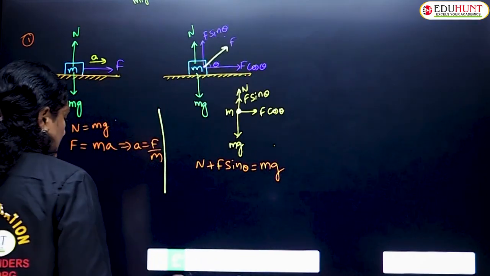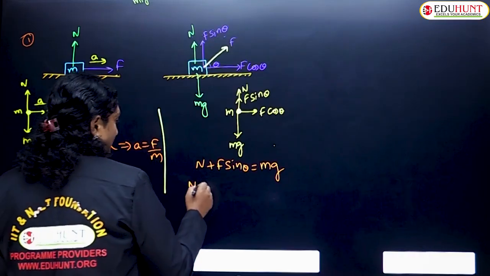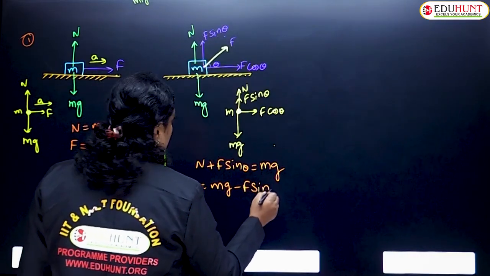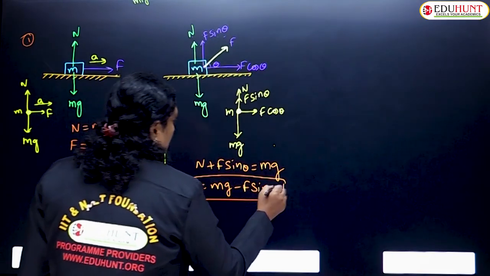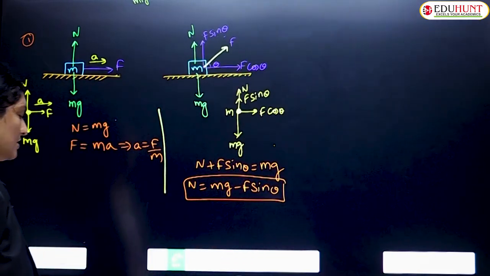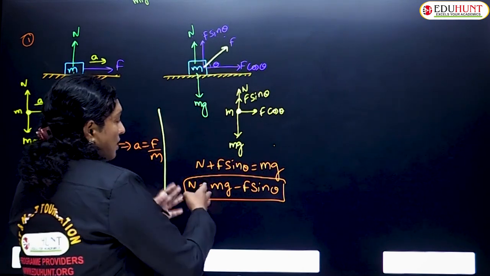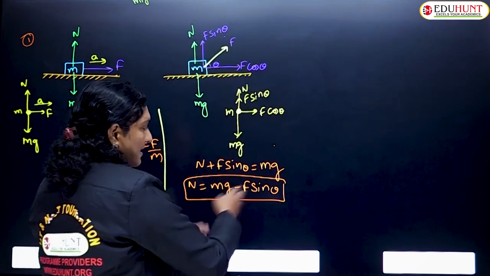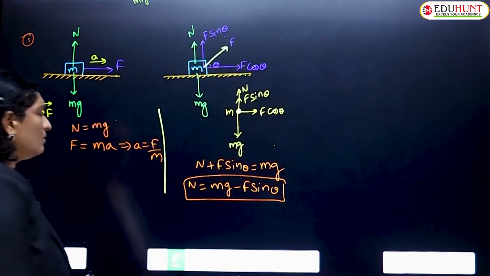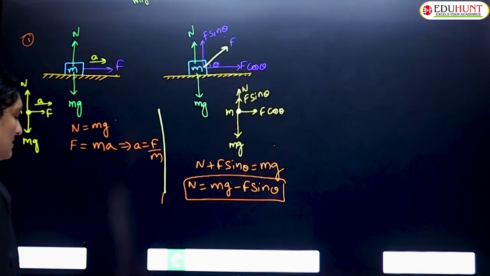N plus F sin theta equals mg, or N can be written as mg minus F sin theta. Earlier, N was simply equal to mg, but now N is equal to mg minus F sin theta. That means the normal reaction force is lesser when compared to the weight of the body.